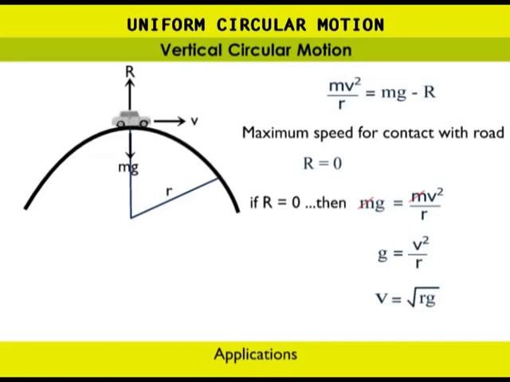This is the maximum speed at which the car can travel to remain in contact with the road. From this, we can find that maximum speed by simply getting the radius of curvature. Again, this maximum speed has nothing to do with the mass of the car, which is surprising actually.